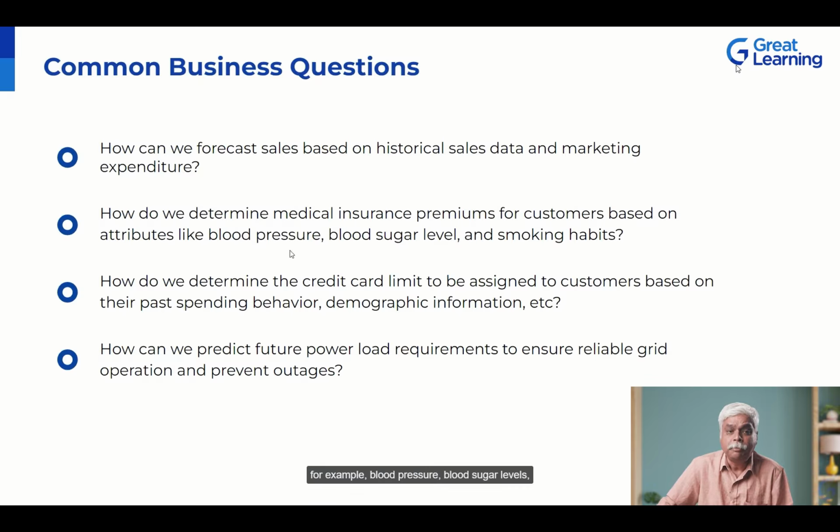For example, blood pressure, blood sugar levels, smoking habits, etc. So the business problem here is to say, given certain attributes or characteristics of customers who may become patients, can we now determine what the medical insurance premium should be? This involves finding a relationship of these attributes to insurance premiums, ideally based on past data. Again, a problem of inputs being used to model an output.